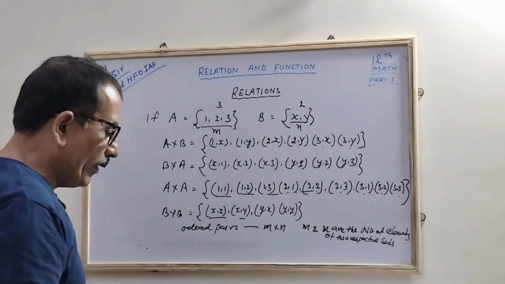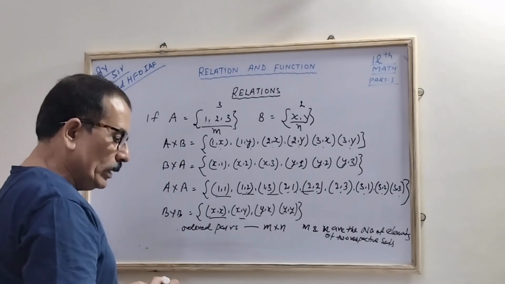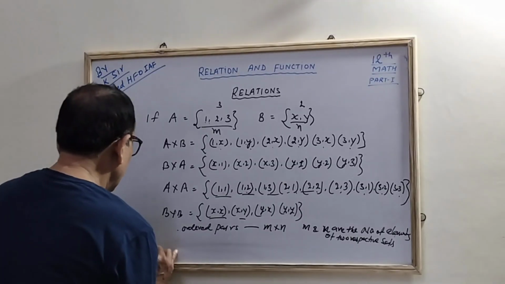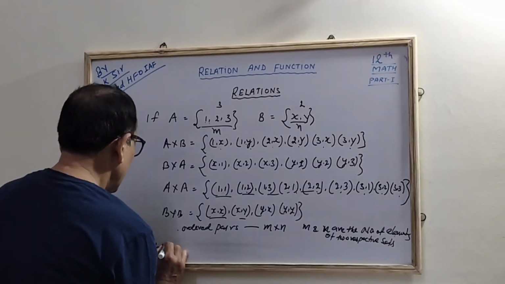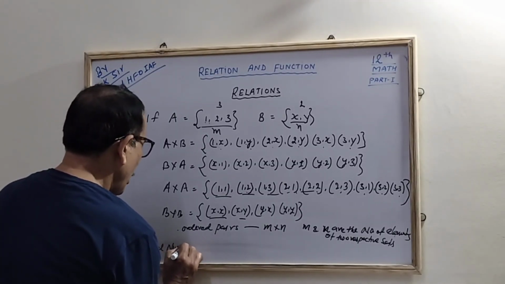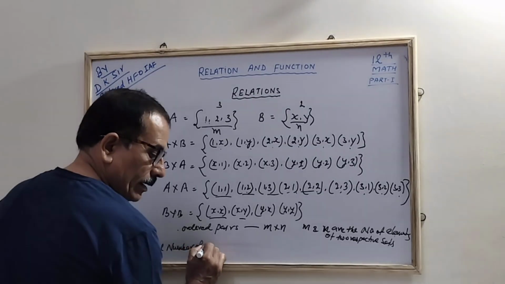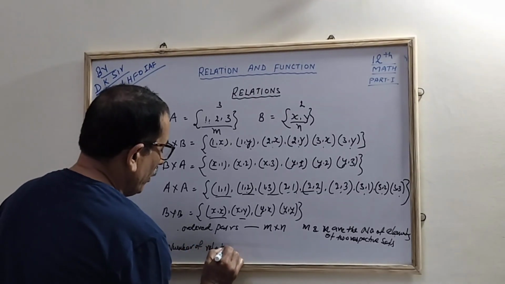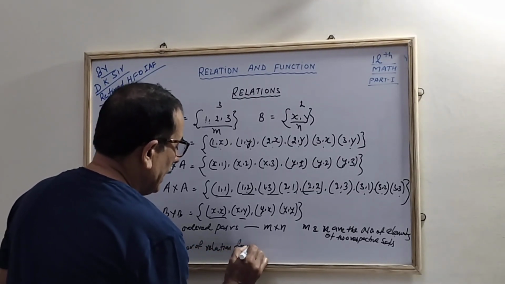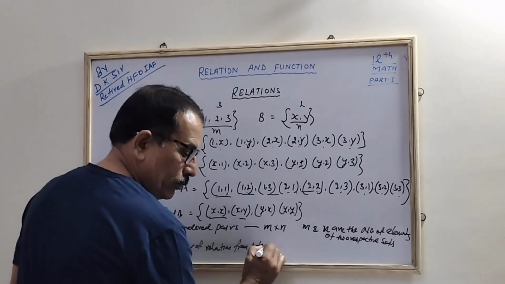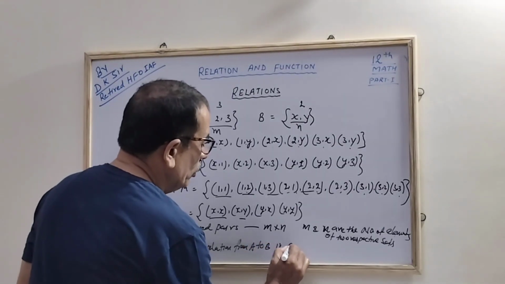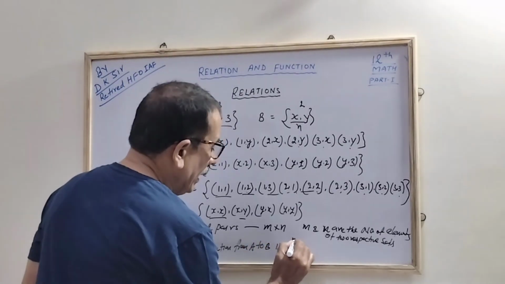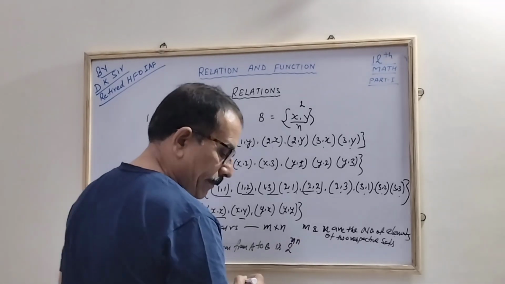Another formula: total number of relations from A to B is equal to 2 to the power mn, correct? 2 to the power m into n.